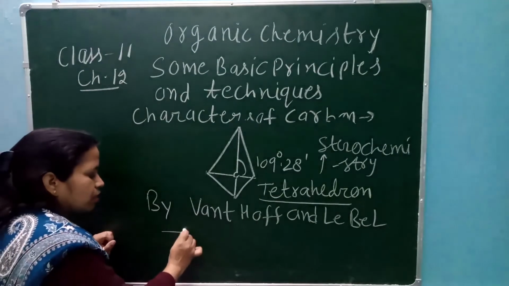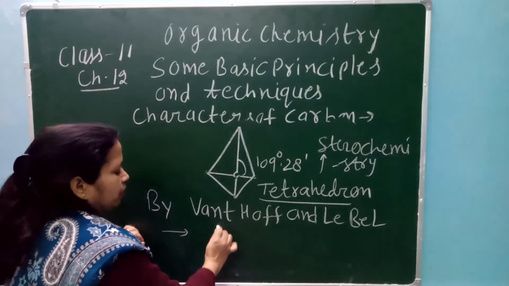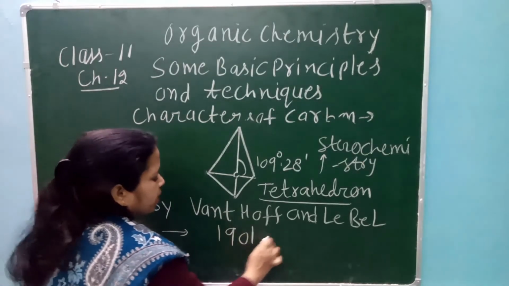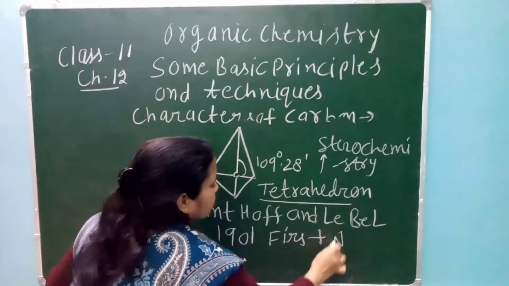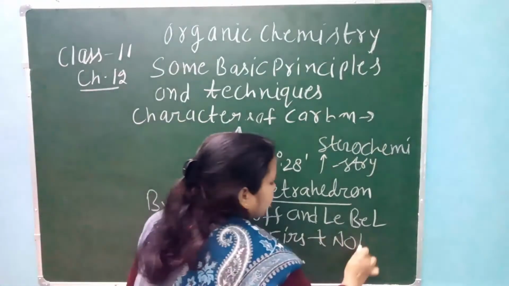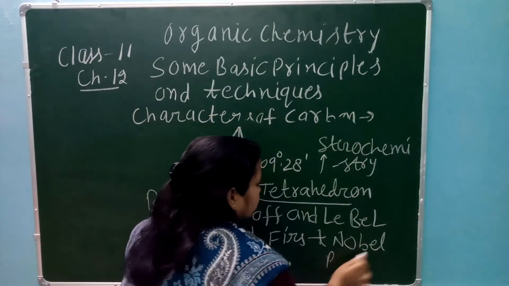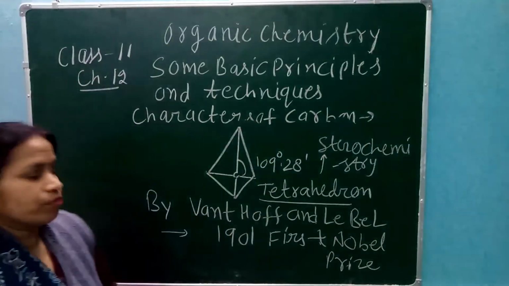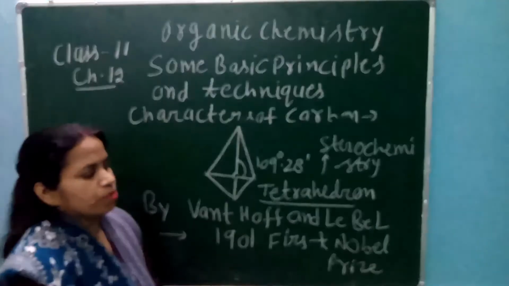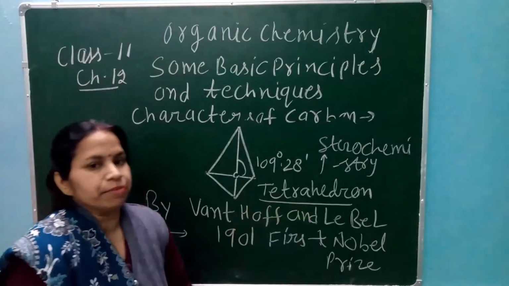For this discovery, van 't Hoff got the first Nobel Prize in chemistry. He was awarded the first Nobel Prize in chemistry in 1901. So the first Nobel Prize goes to van 't Hoff.